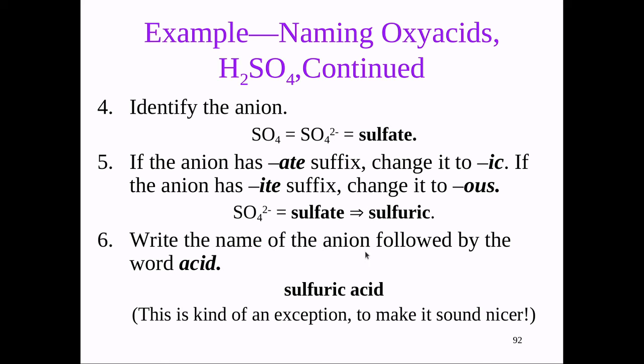And we're going to write the name of the anion followed by the word acid, sulfuric acid. So if we followed this perfectly, it would actually be sulfic acid. And traditionally, they just always made it sulfuric acid, which is kind of an exception, and it just makes it sound a little nicer, I guess.